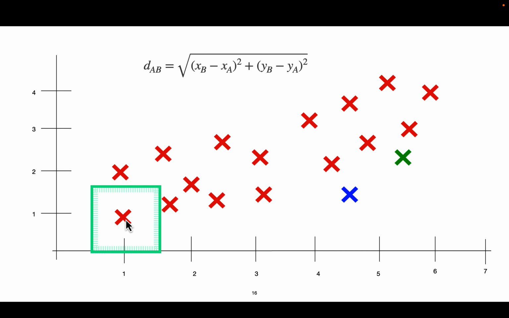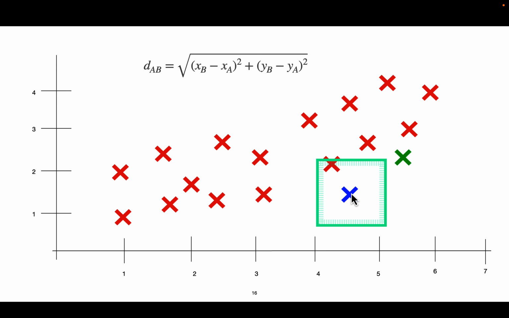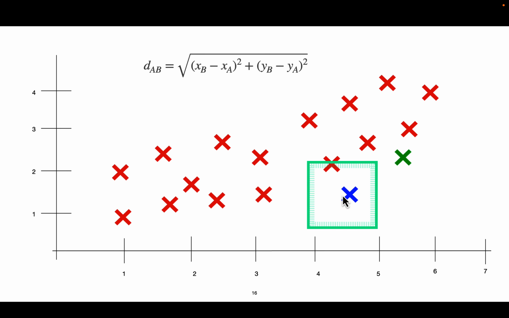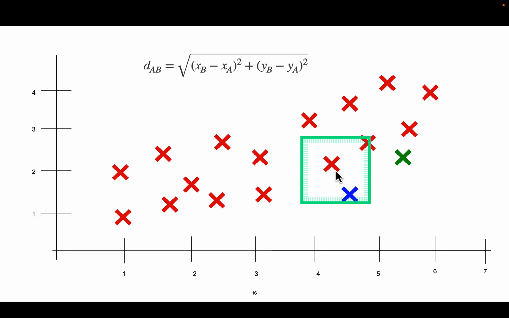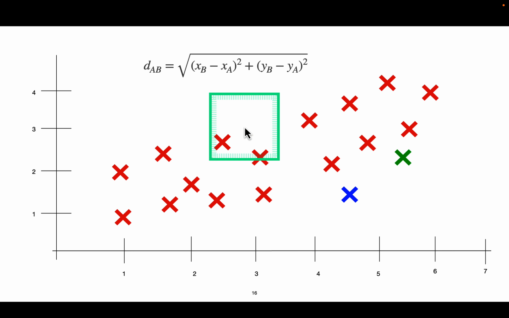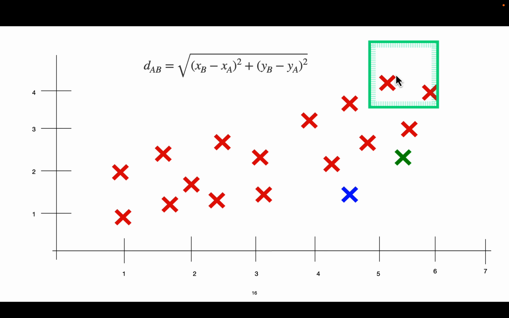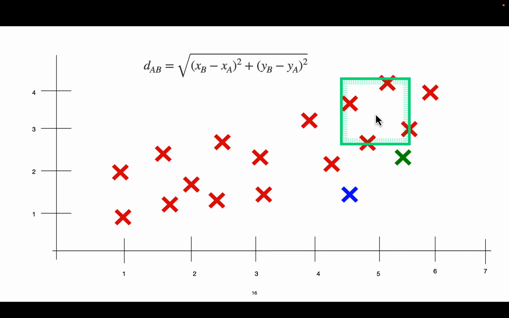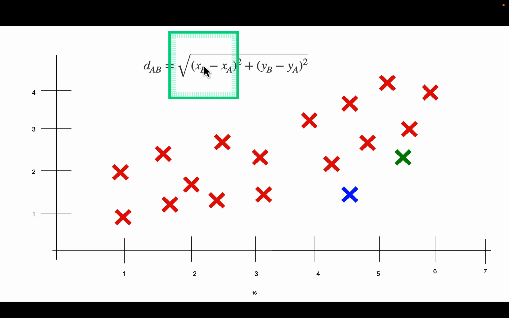So for example, for this point, you will see what is the distance between itself and the blue and the green, and then the same for other points, and whichever is nearer. So for example, this blue is nearer to all of these, and for all of these green is nearer, so they will go to that particular colored cluster. So all this will go to blue, and all this will go to green based on the Euclidean distance.